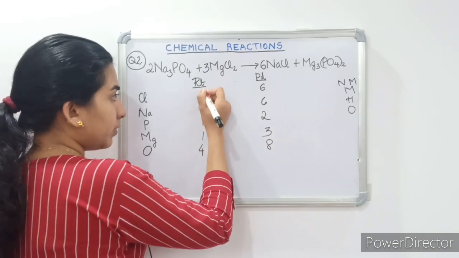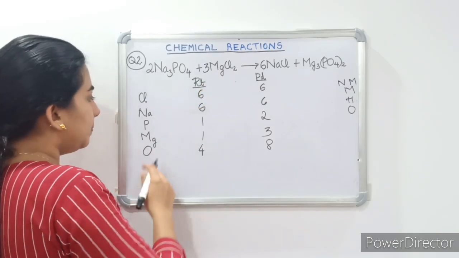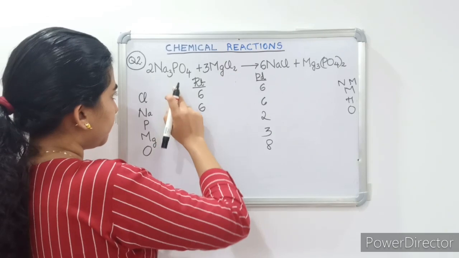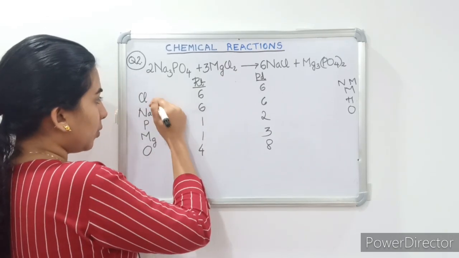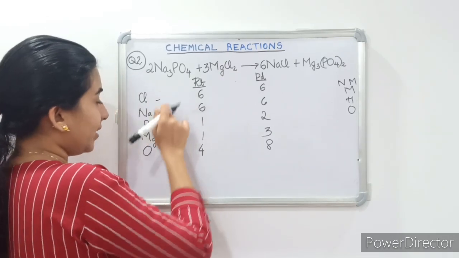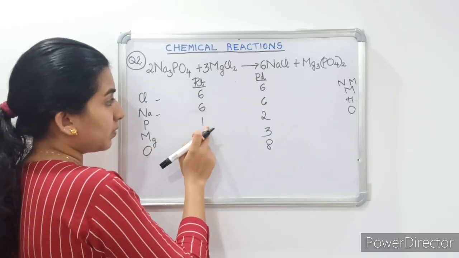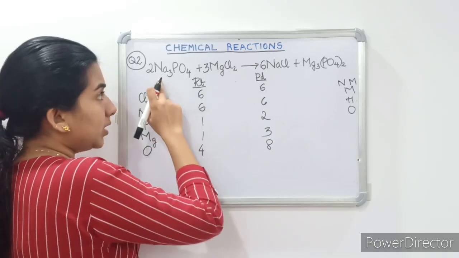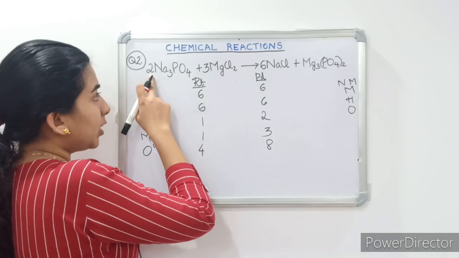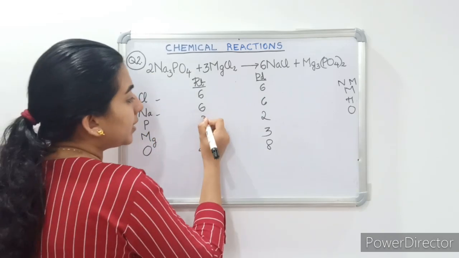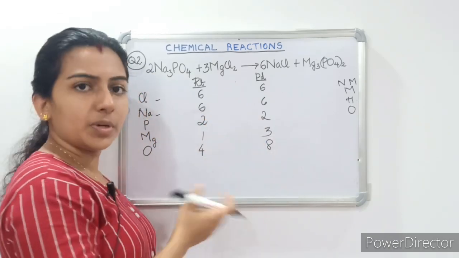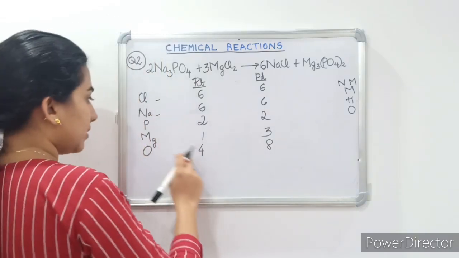So here it will also become 6. Now next, phosphorus. So chlorine and sodium both are balanced. Now phosphorus, it was 1, but while adding a coefficient 2 it will become 2 on the reactant side and 2 on the product side. So it will get automatically balanced.